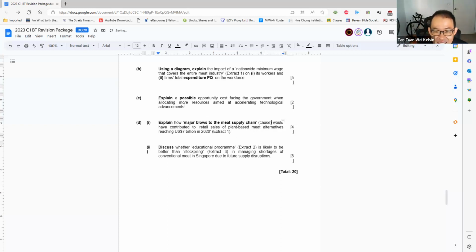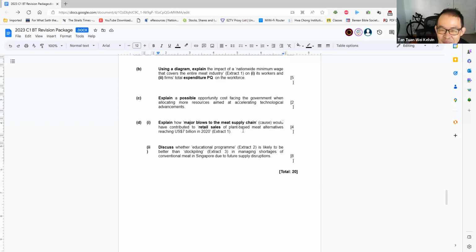The effect that this part is talking about is the contribution to retail sales. You have to be careful about retail sales being Q or P times Q. When we talk about the chart, it tells you that it's P times Q. So in this case, how does the blow in the meat supply chain, which I would guess, without reading the case, is a fall in supply, impact the P times Q of plant-based meat alternatives reaching 7 billion?